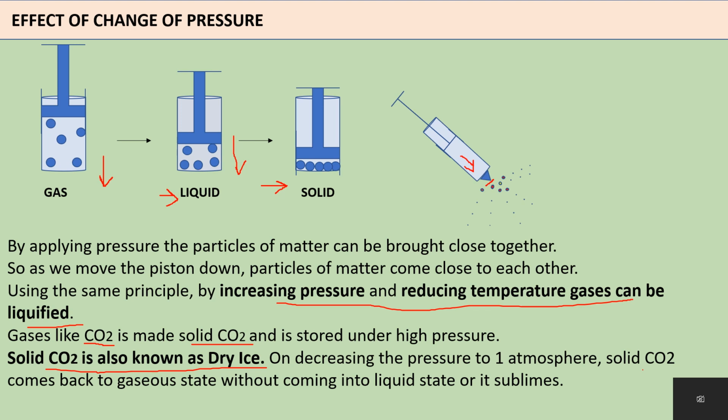On decreasing the pressure again to 1 atmosphere, solid CO2 can come back to gaseous state without coming into liquid state, or it sublimes. The process is known as sublimation.